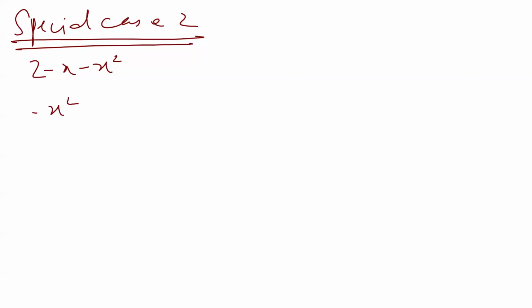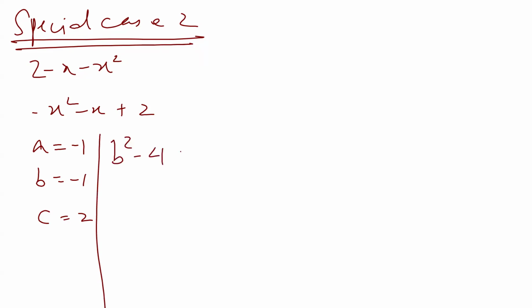So first I'll rearrange: minus x² minus x plus 2. Okay. So a equal to minus 1, b equal to minus 1, c equal to 2. Right? Now b² minus 4ac, which is delta. Okay. Minus 1 the whole square minus 4 a and c.